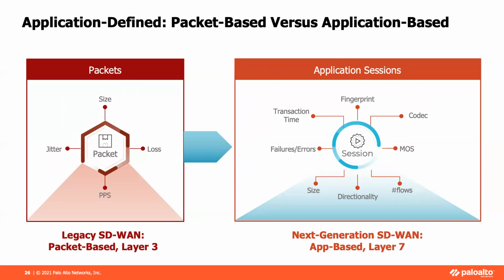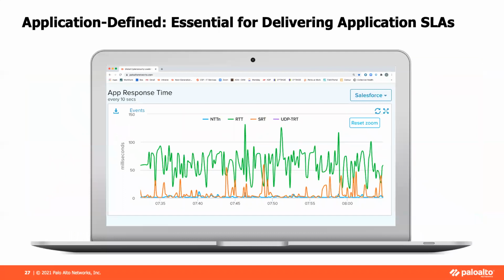We can look at directionality, inbound versus outbound. There's a lot of stuff that we can look at. We can break down errors and failures by application. So now we have the ability to look at things like network transmission times, round trip times, server response times, things like that by specific applications.